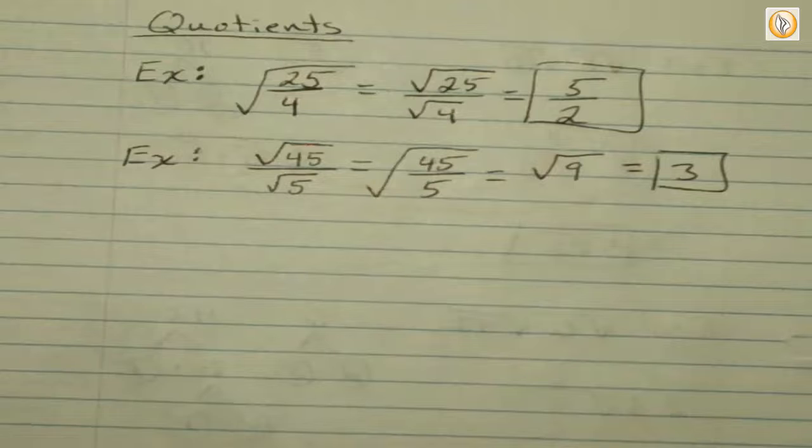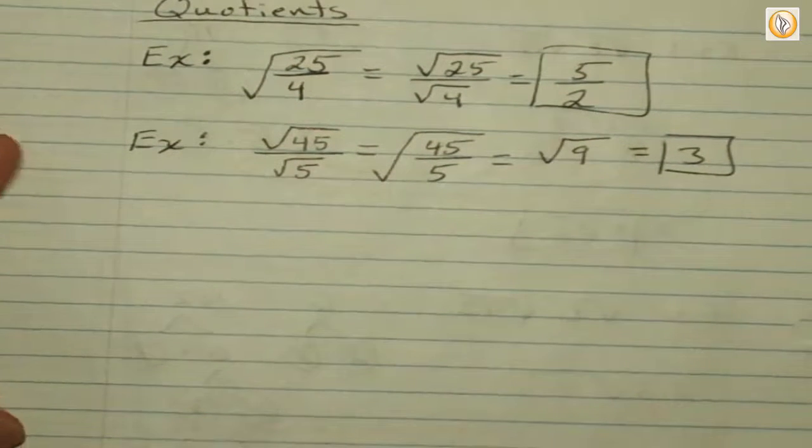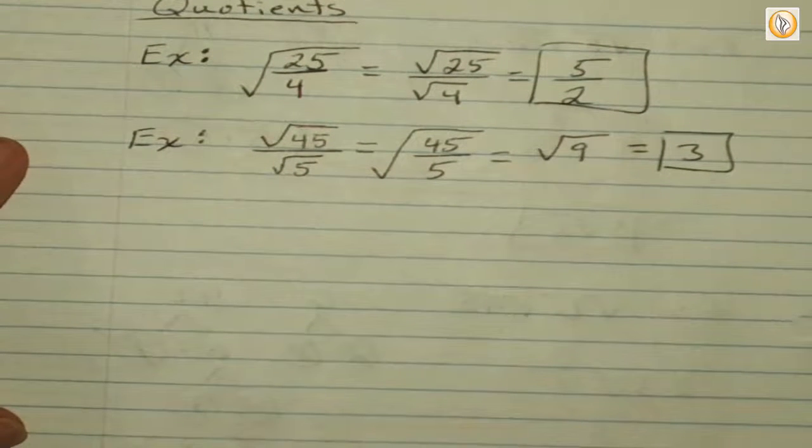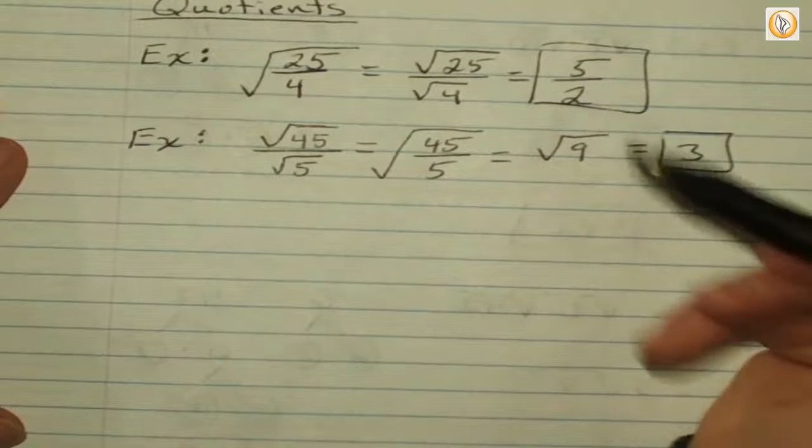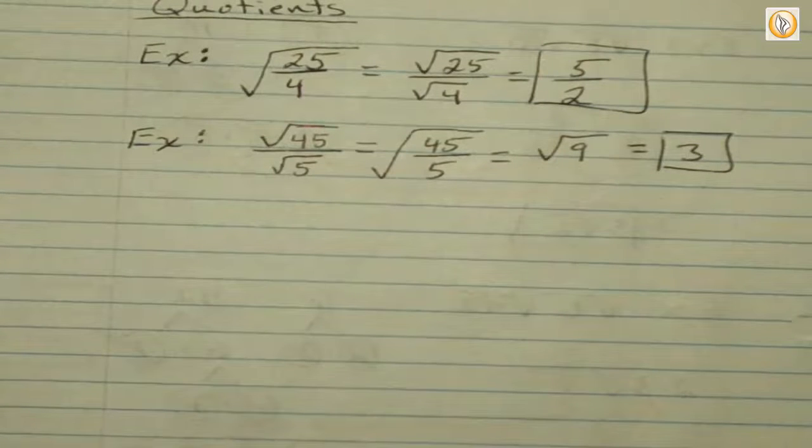What if they aren't perfect squares and they can't divide evenly? Isn't there a number that's not a perfect square and doesn't divide evenly? Good question.